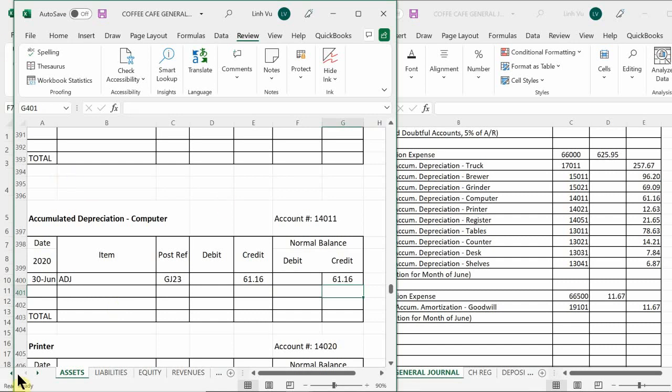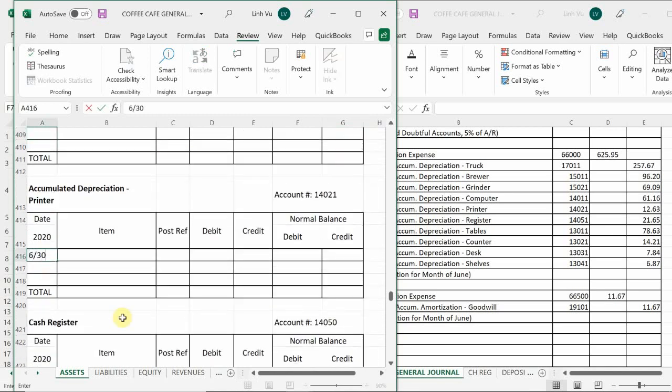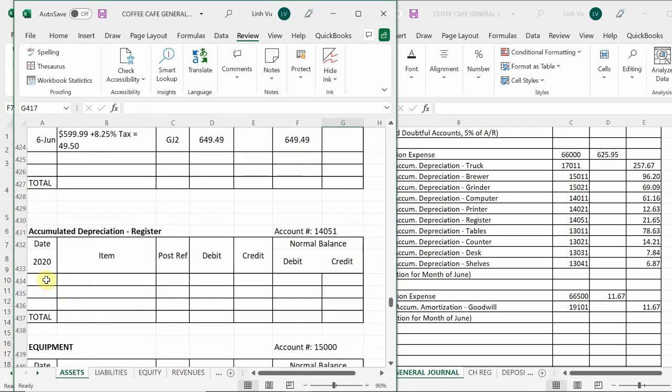Then you have the printer for $12.63. Then you have the cash register for $21.65.